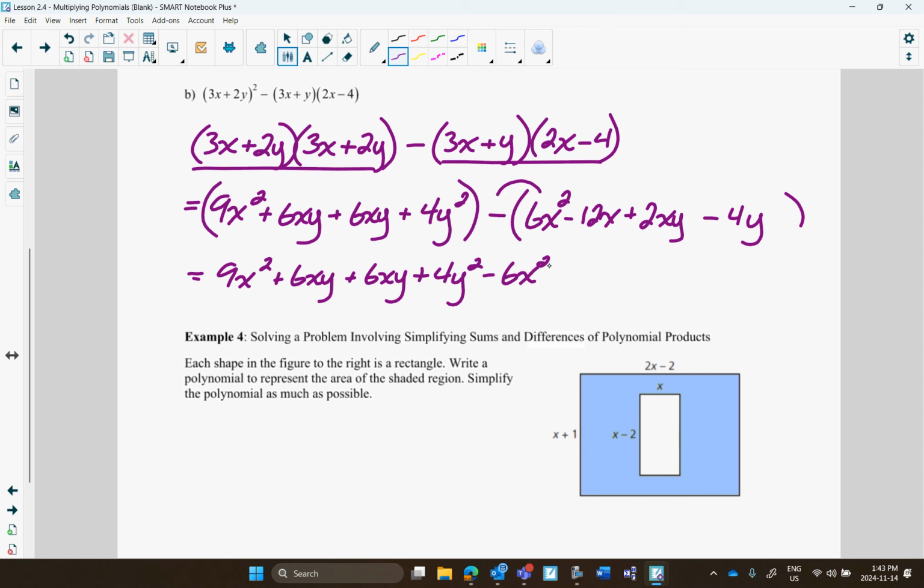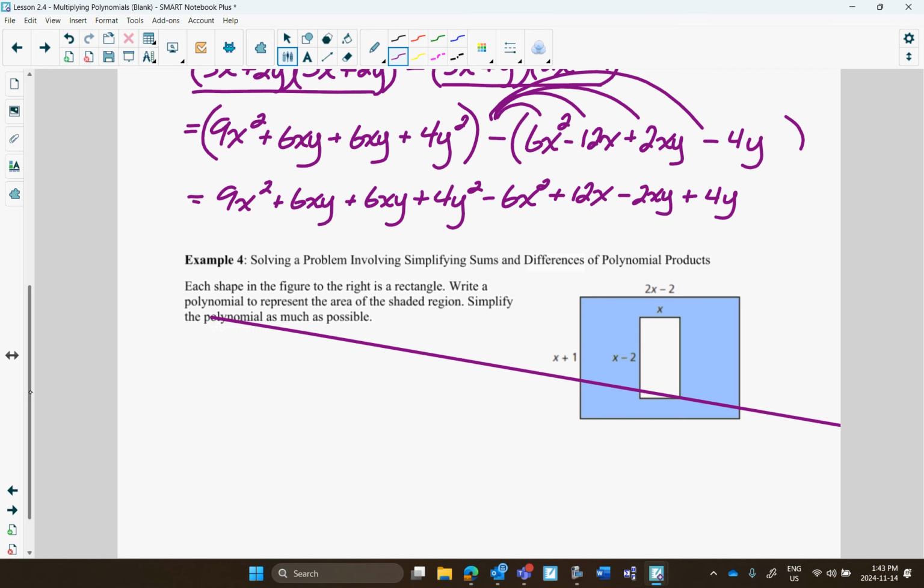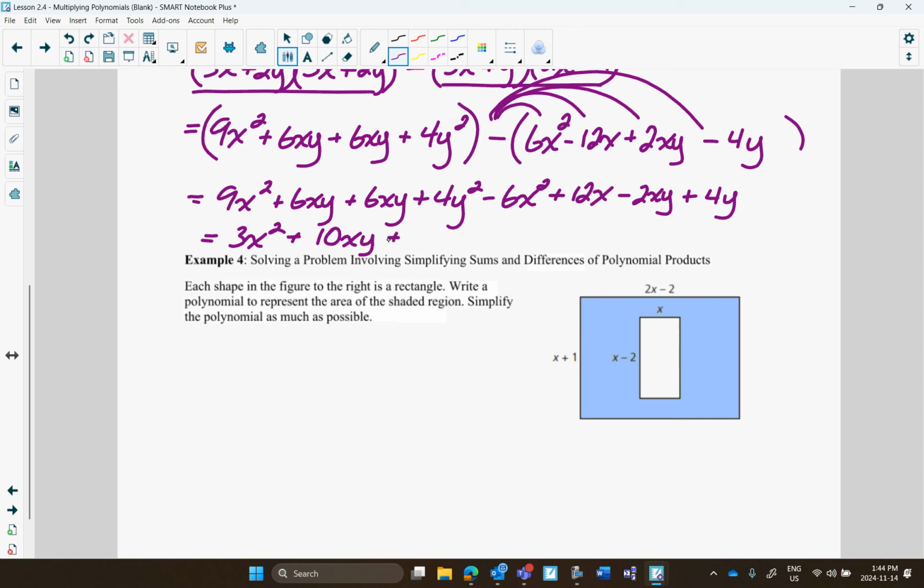And now I have to collect all like terms. So if I collect the x's, what do I get? 3x squared. If I collect all the xy's, there's 3 of them. Positive 10xy. Y squared, no, there's only one of them. Nothing to combine.